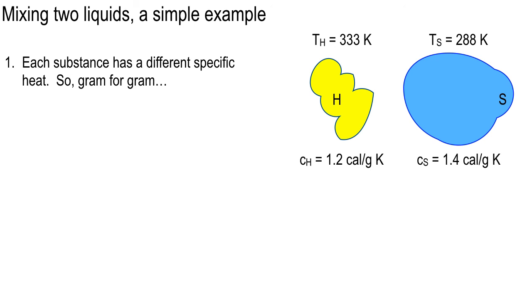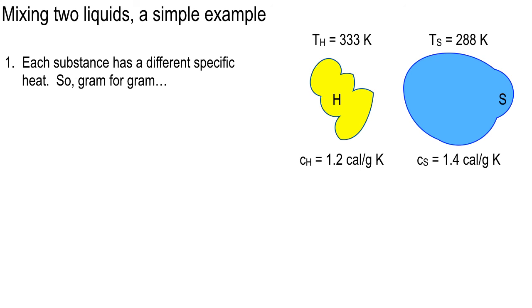The specific heat, C subscript H, is 1.2 calories per gram Kelvin. These are hypothetical substances. I just used round numbers and whole number temperatures so we have something to calculate with. But you're going to do a coffee cup calculation for homework. Similarly, specific heat for substance S is 1.4 calories per gram Kelvin, right?